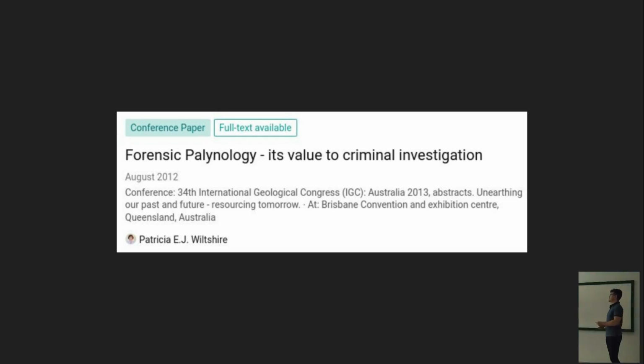We know that forensic palynology has a big value to criminal investigation. Forensic palynology is a big field, not a huge field yet, but it's developing day by day. And it's very used in New Zealand, in China, in the USA to solve crimes.